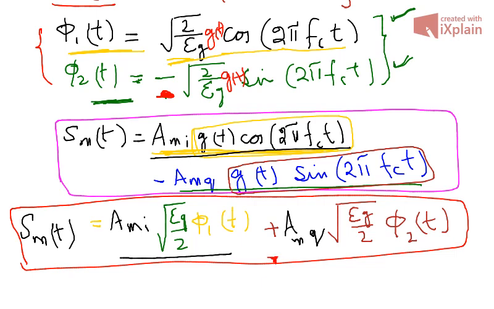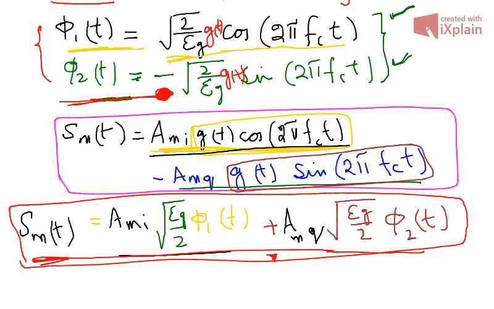Phi 2 already has this negative sign, as I mentioned, so we have a plus sign here, and this is what we were trying to do: represent our Sm of t as a summation of phi 1 and phi 2. So this is the final expression.